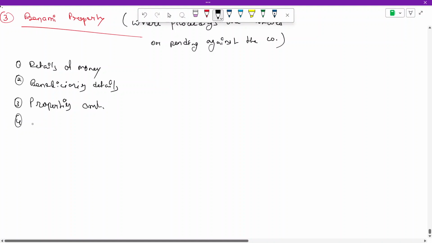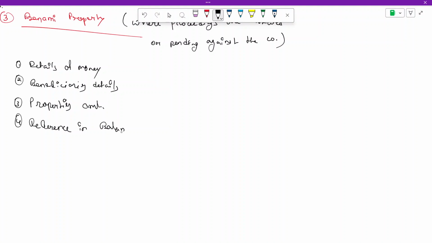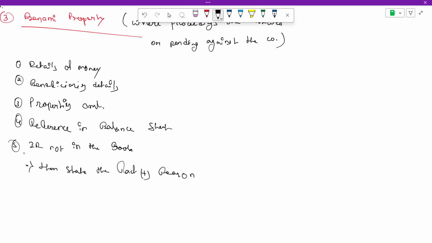Fourth will be reference in balance sheet. If not in the books, then state the fact plus the reason why not in the books.